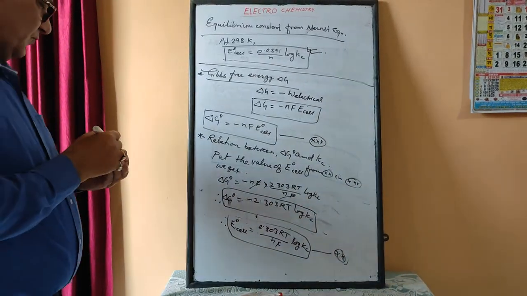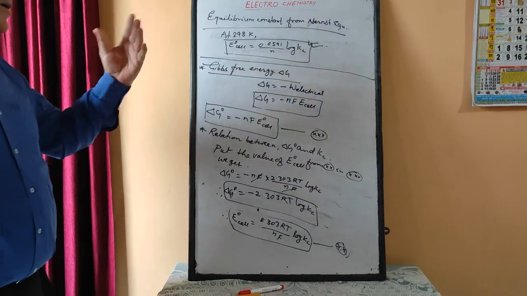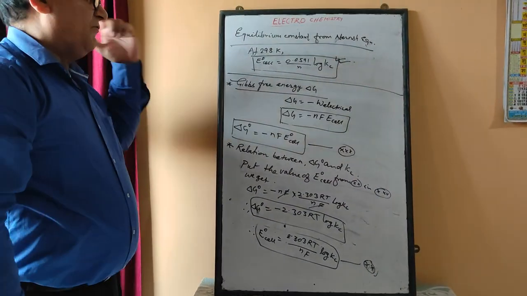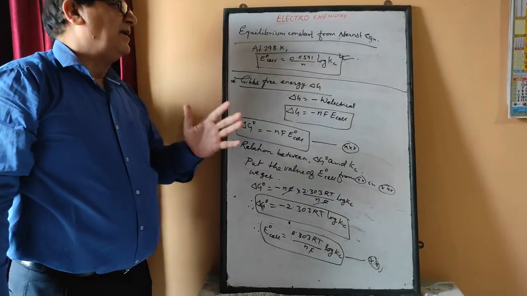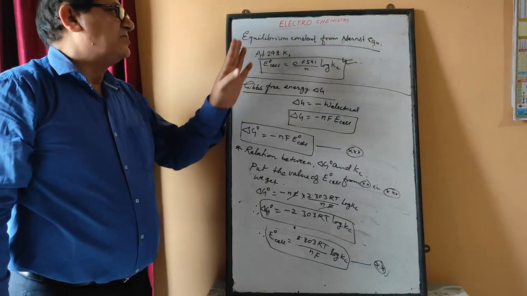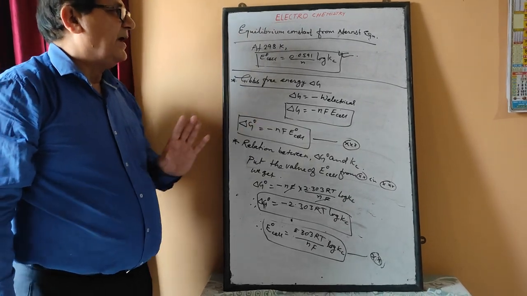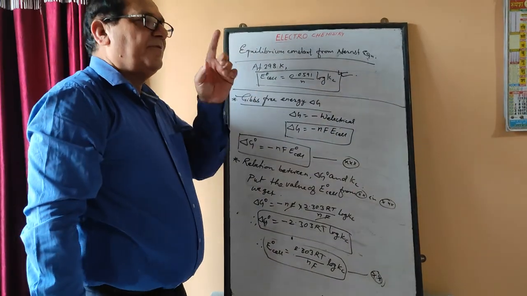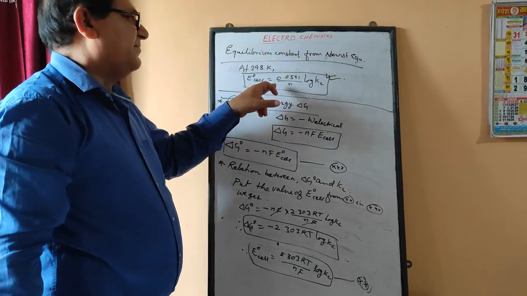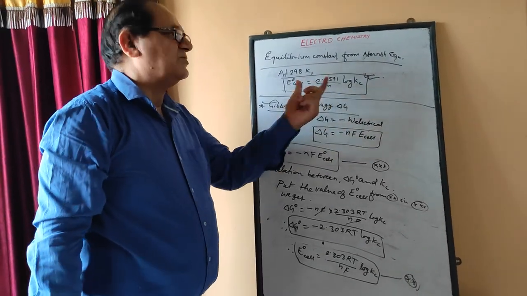Now we have three formulas here. Apart from the Nernst equation, we got the relation between E naught cell and Kc: E naught cell is equal to 0.0591 by n log Kc. If E naught cell is given in your numerical, then you have to calculate the equilibrium constant using this formula.